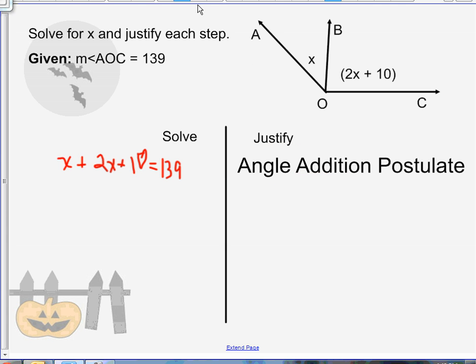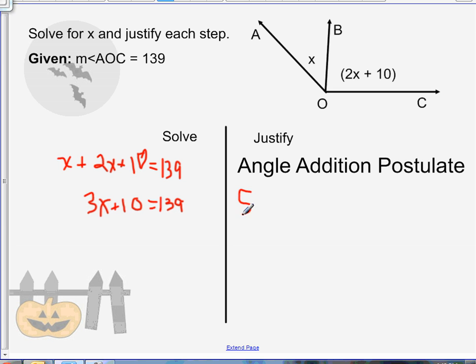All right. Our next step would be to simplify. Okay, so we have x plus 2x. So we would do 3x plus 10 equals 139. All right, and the justification of that particular one is actually just simplifying.